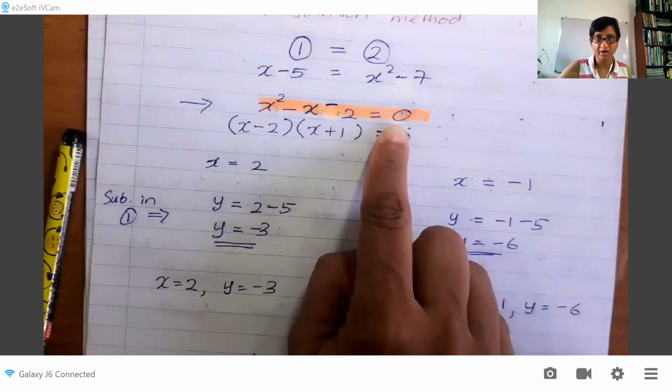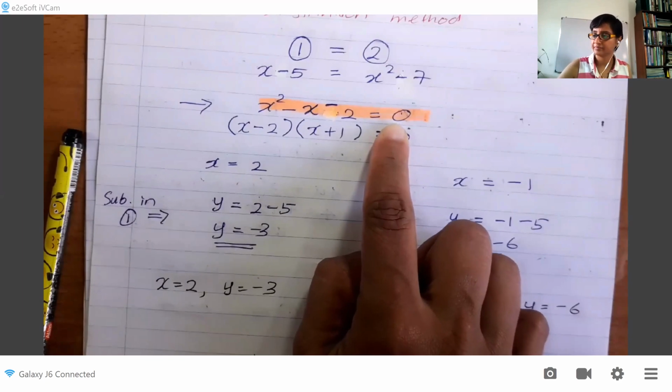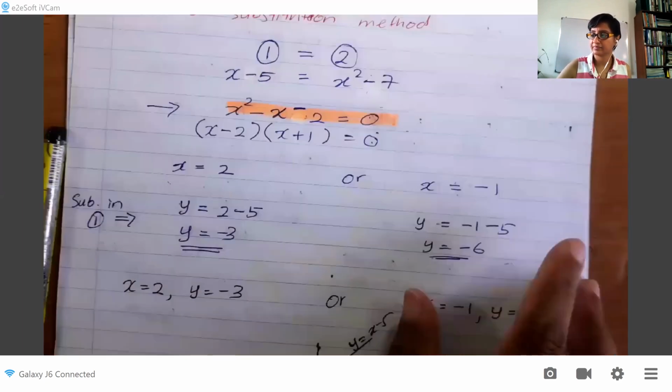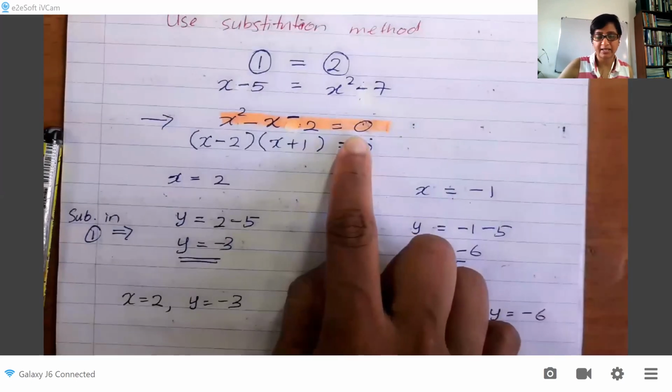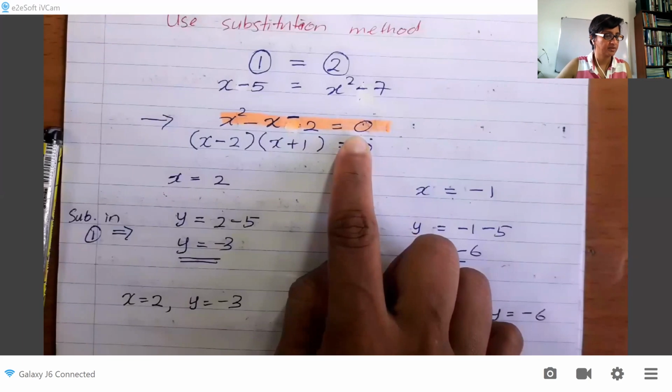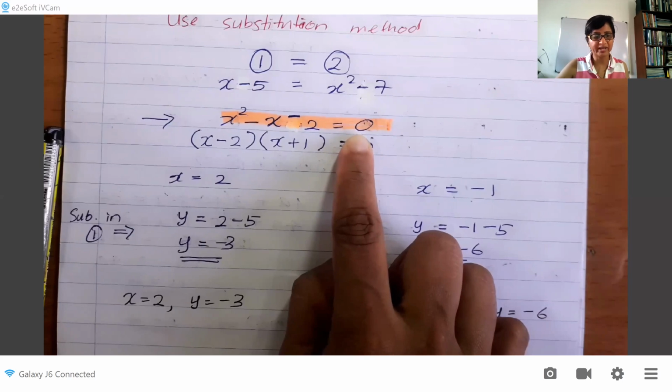I'm using the words boiled down. So the discriminant of this boiled down QE will tell us how many pairs of solutions we get.